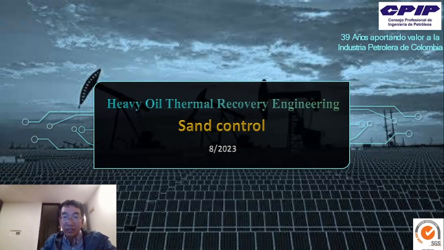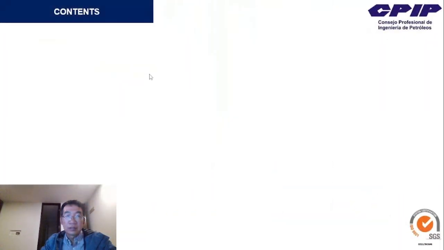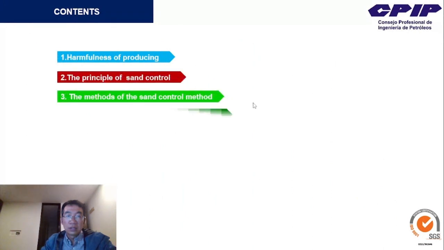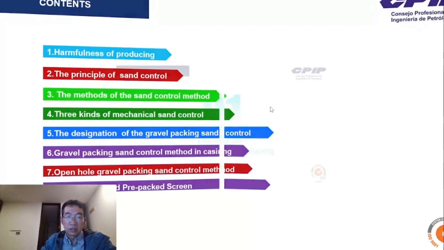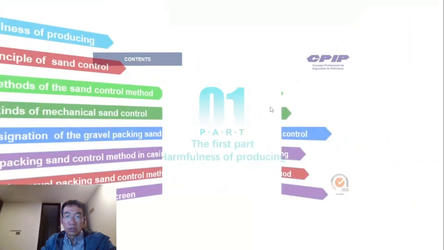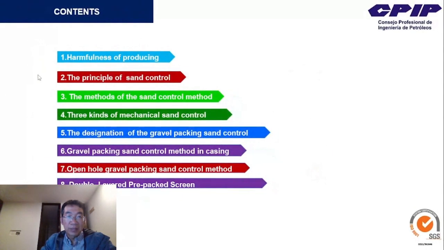Okay, let's begin another topic of heavy oil thermal recovery engineering. This topic is sand control. We have 8 parts. The first one is the harmfulness of sand producing, and the second one is the principle of sand control.